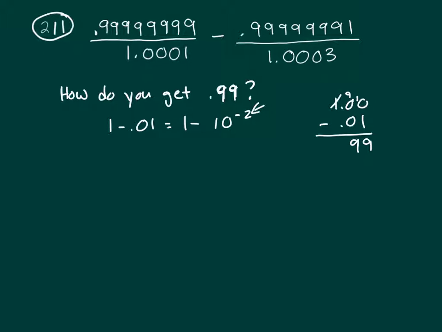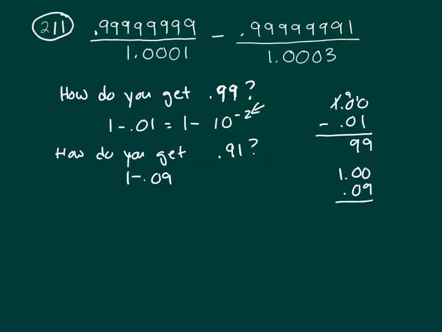So how do you get, I hate to write all this out, but I will. How do you get 0.91? Well, the way you get 0.91, you do 1 minus 0.09. 1.00 minus 0.09, borrow, 9, 1, 9. See how you get, that's how you get 0.91.